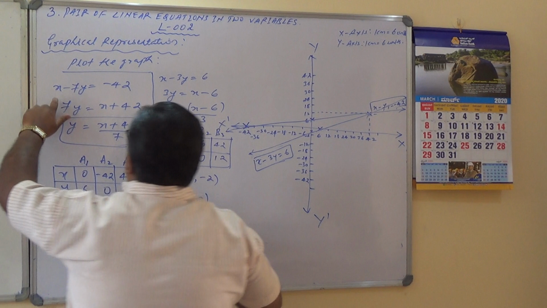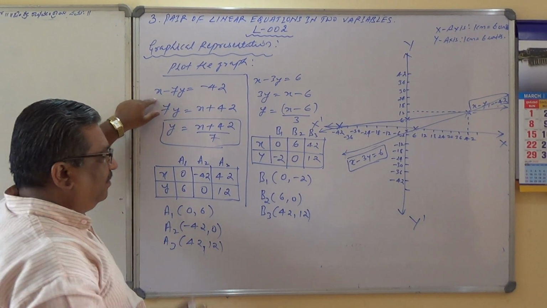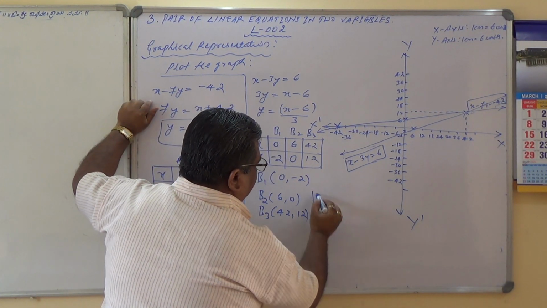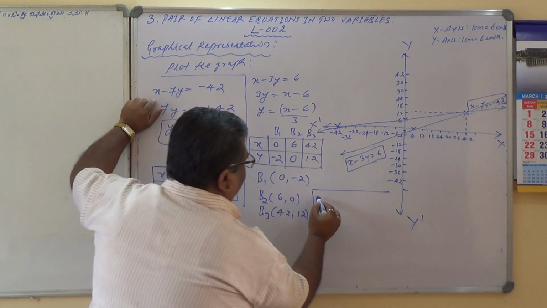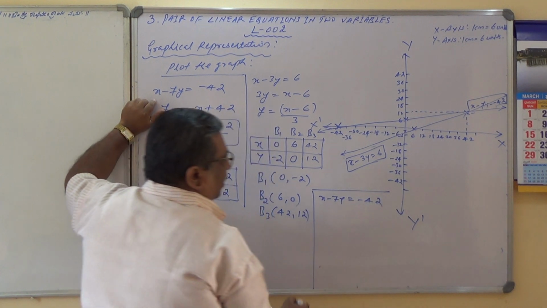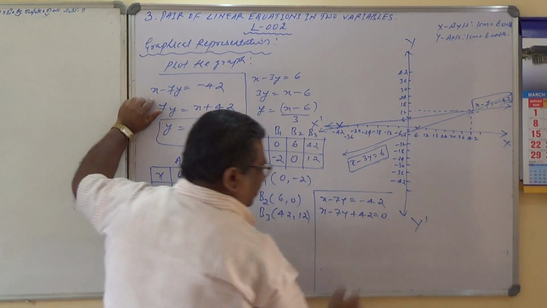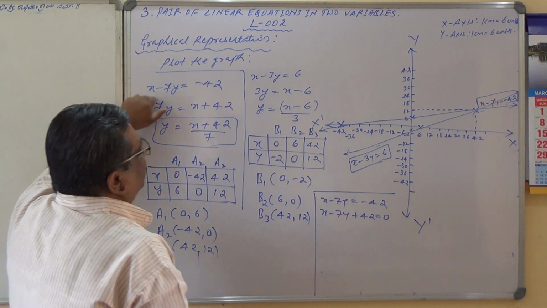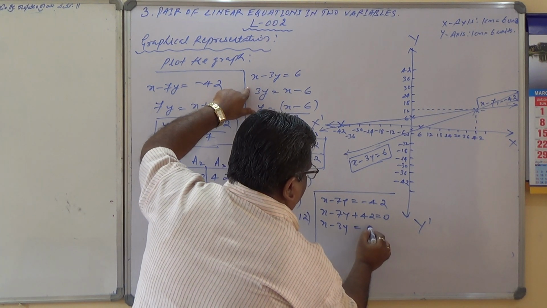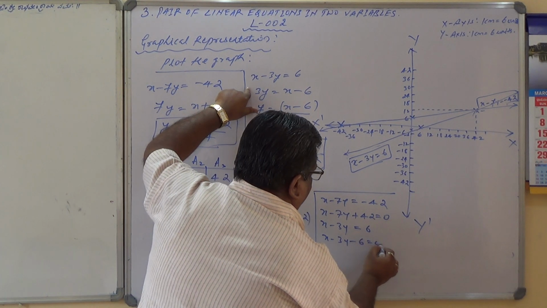Before I take the ratios, both equations must be expressed in standard or general form. The two equations are x minus 7y equals minus 42, so x minus 7y plus 42 equals 0. The other equation is x minus 3y equals 6, so x minus 3y minus 6 equals 0.